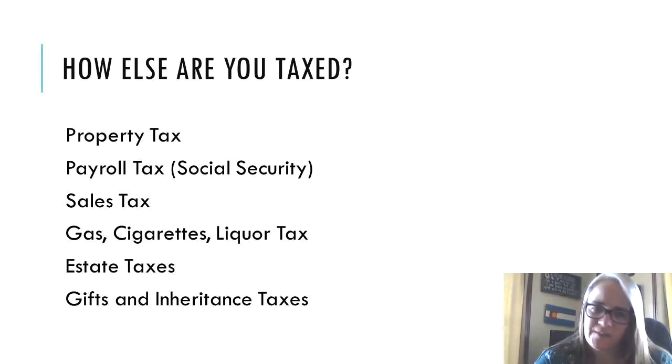I don't know if it's every state, but in Colorado, food is not taxed, like food at the grocery store, but other things are taxed. There are special taxes for things like gasoline, cigarettes. There's a liquor tax. There's actually taxes related to different estates. And that would also include things like capital gains. If you sell a property and you've gained a lot of profit from that property, there's a special tax. And then finally, taxes on different gifts and inheritances you might receive.